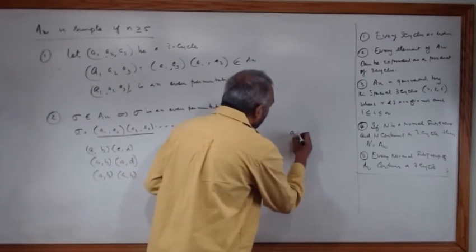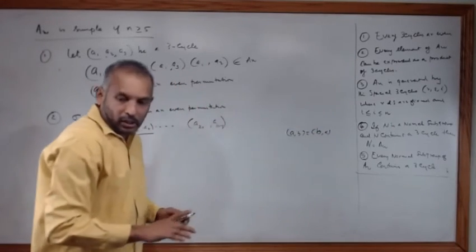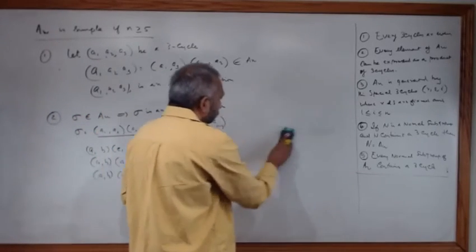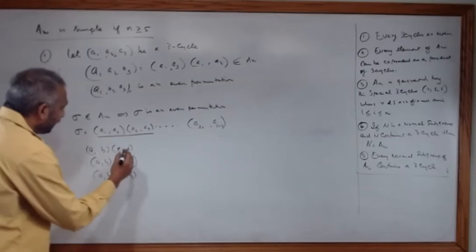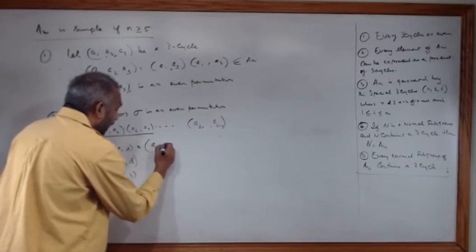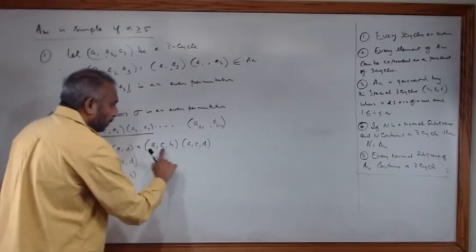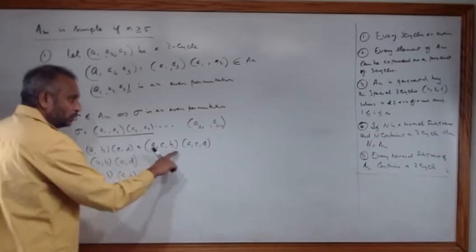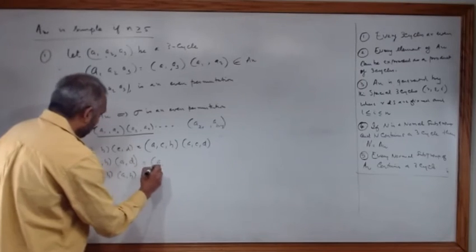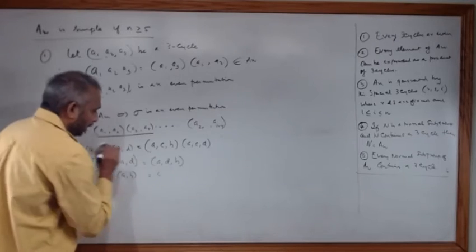Remember, (A, B) is equal to (B, A), so you are not taking the reverse order because they are the same. If you compute, this is going to be (A, C, B) for the first and (A, D, B) for the second, and the last one is actually going to be the identity. I'm not going to do the computation; you can verify that.